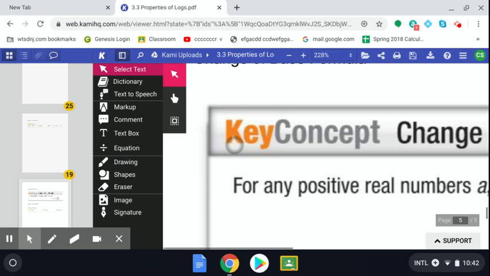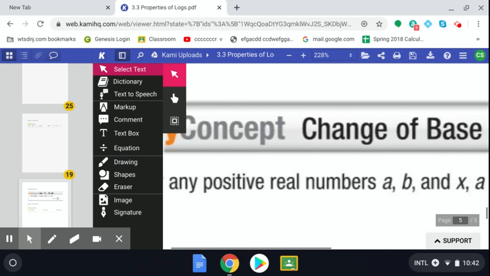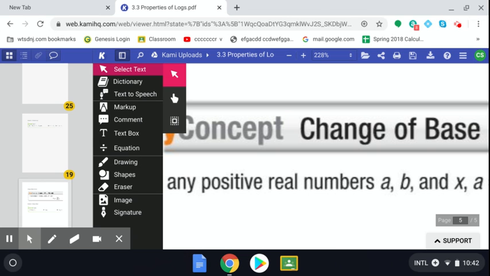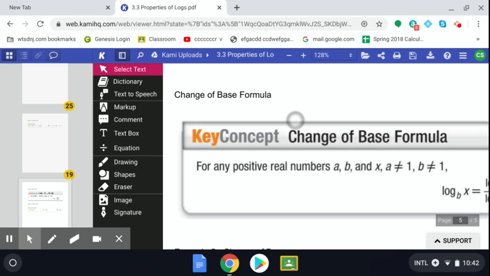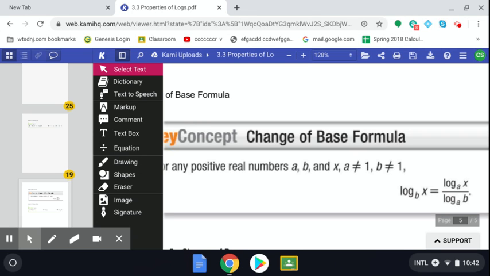What the change of base formula does is it allows you to evaluate logs with different bases, not just common log, which the base is 10, or natural log. Those two, you can just input the value in the calculator. But if you have different bases, most likely you'll be required to use the change of base formula. And this is, of course, when you're not able to evaluate logs without a calculator.